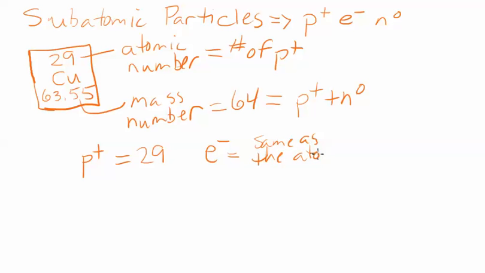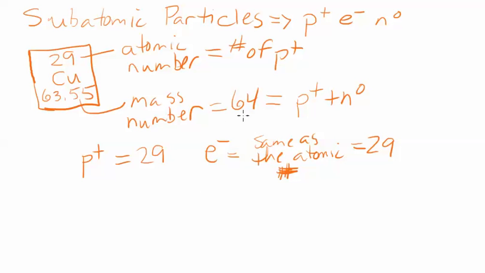Now, we're going to learn later when we learn about isotopes, that's not always true. This is only true for a neutral atom. But for now, if you have 29 protons, since the atomic number is 29, you're also going to have 29 electrons. So the one thing we have left missing is the number of neutrons.